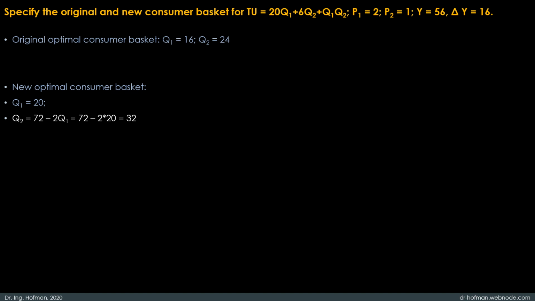Now I have both coordinates for the new optimal consumer basket, 20 and 32, and I can easily calculate quantity 1 change. It's 20 minus 16, so plus 4 pieces of the first good, and also the change in quantity of the second good, delta Q2, which is 32, the new coordinate, minus 24, the old coordinate, which is 8.